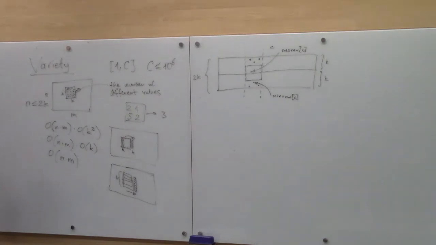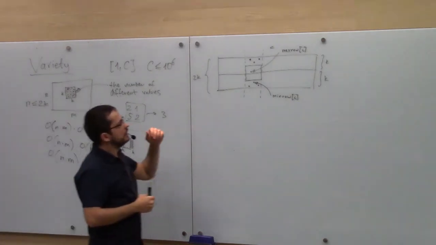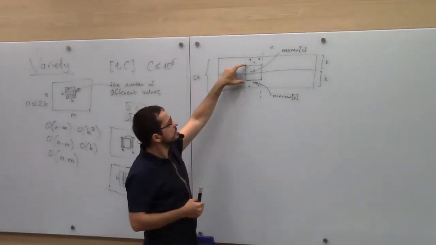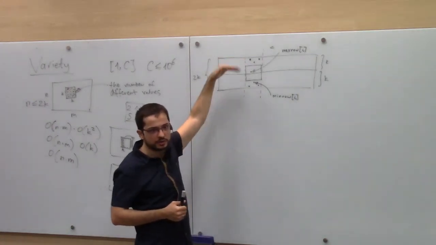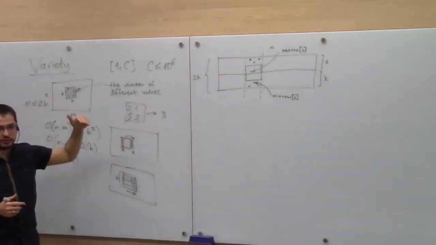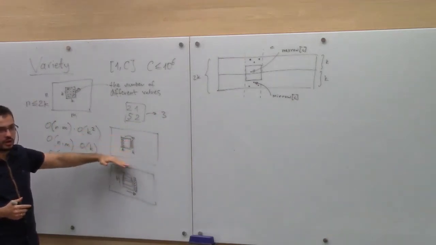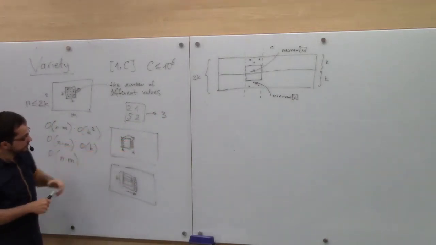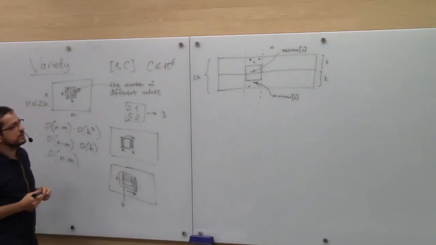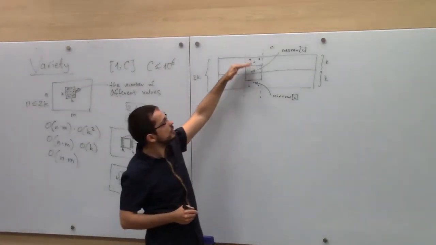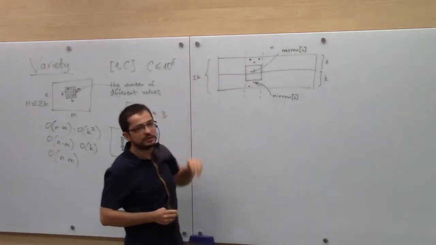Okay, if we have these numbers, max row and min row, can we say when this square contains element C? We can move this square up and down, because as we said before, we consider squares which have the same x position but different y positions.